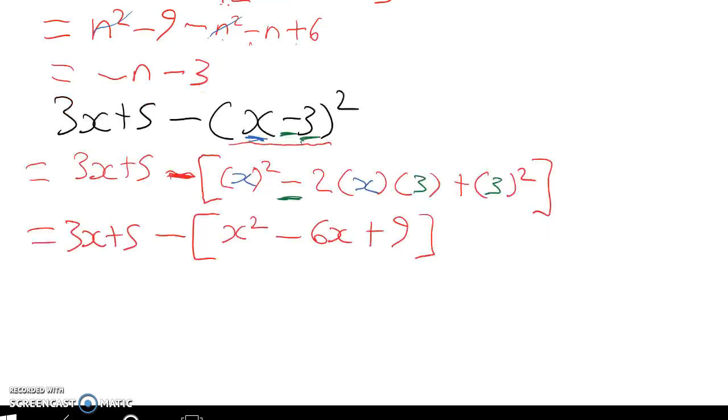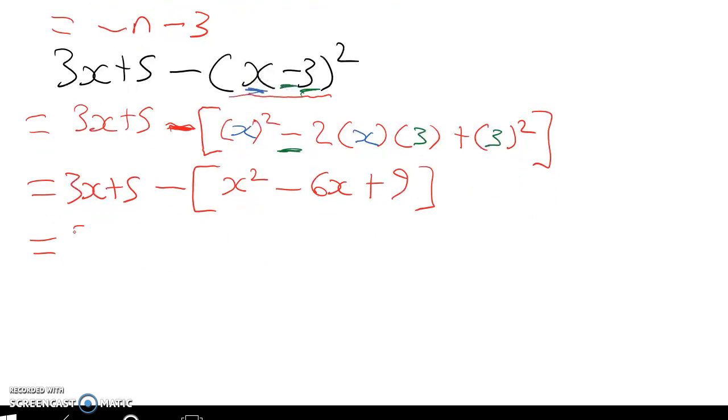Now, same as before, I want to expand this bracket here. Once again, I effectively have a -1 multiplying everything inside this bracket, so all I do is change the sign of each term in my bracket.